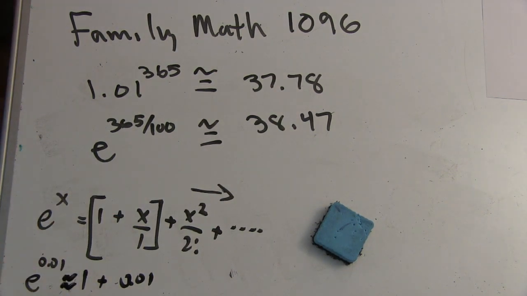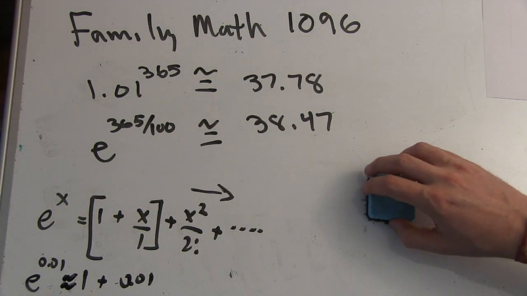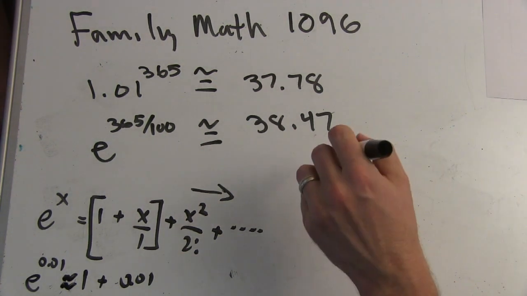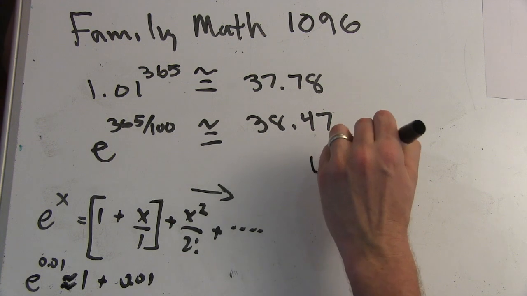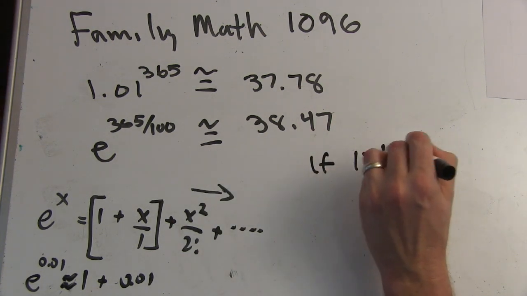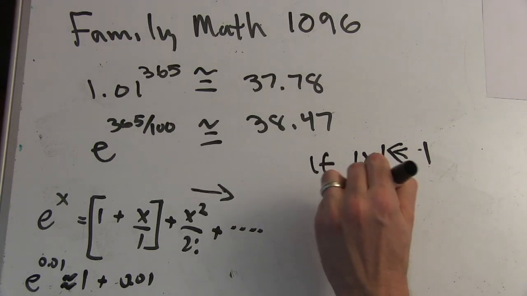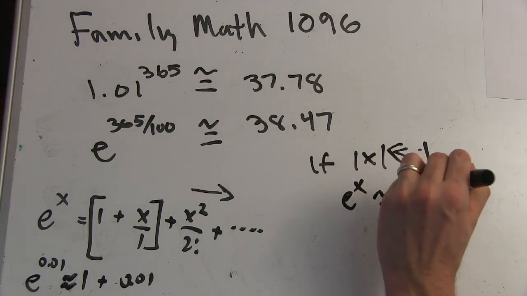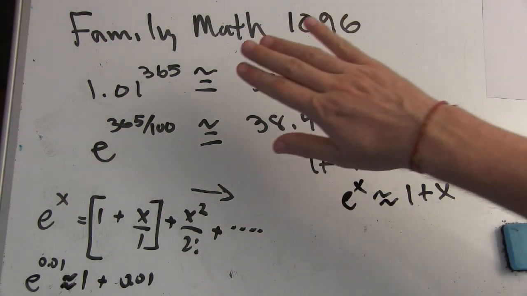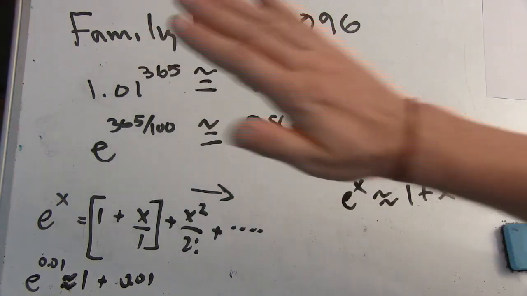So we know from calculus that if the absolute value of x is small, less than 1, e to the x is approximately 1 plus x. So how does that help us understand these two things?